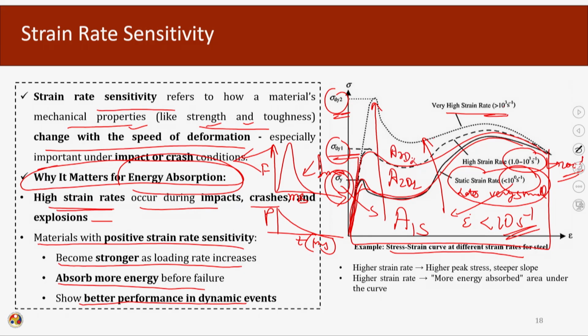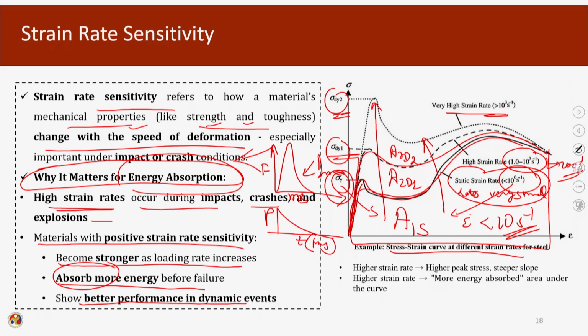With the increase in strain rate, the area under the stress strain curve also increases. It means the energy absorption capacity also increases, so the material is becoming stronger as well as absorbing more and more energy.